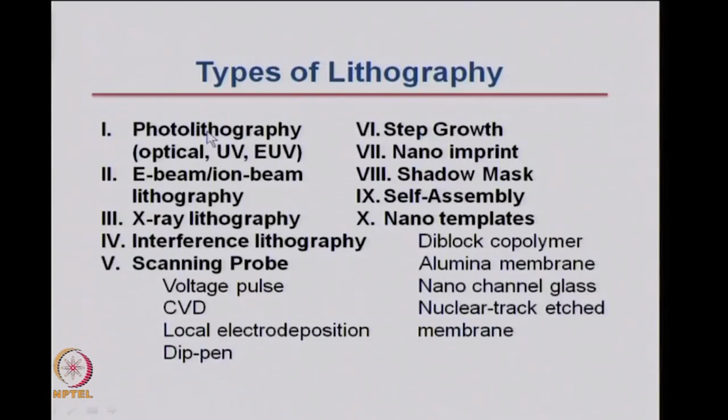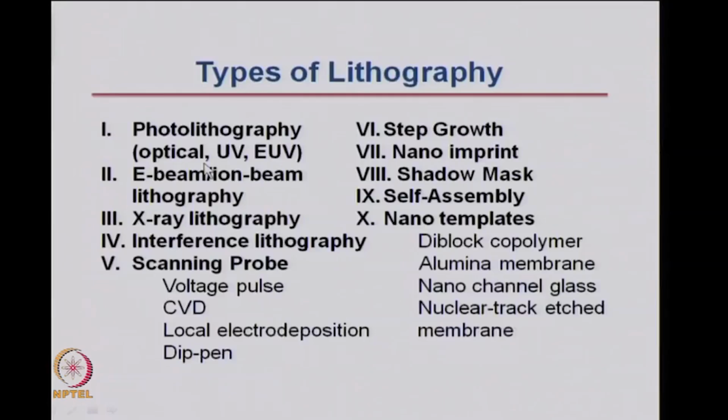From the term photolithography, you can understand that it involves light and light-induced lithography. So, light can have various wavelengths. If you are normally in the visible region, you can call it solar radiation, or the optical lithography. If you are using UV light, then it is UV lithography.